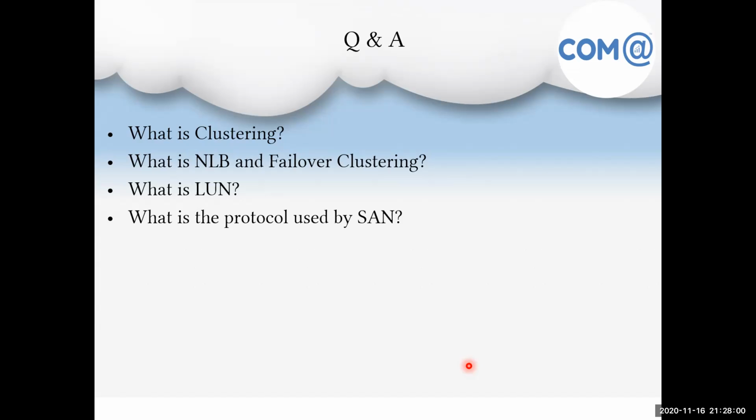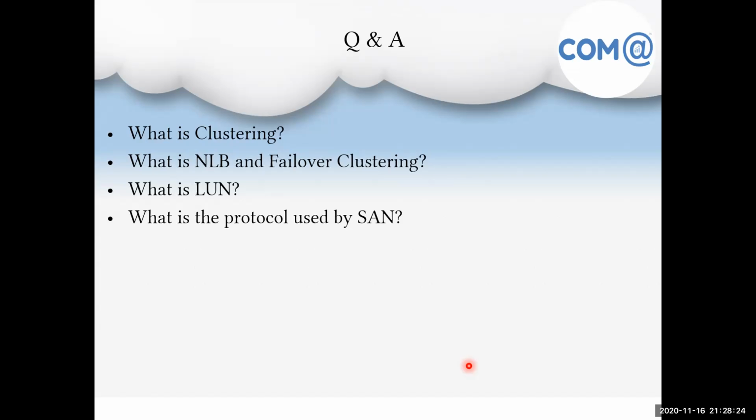It should be defined. And can anyone tell me what is the protocol used by the SAN, or what protocol is used to connect the LUN? Okay, let me answer.